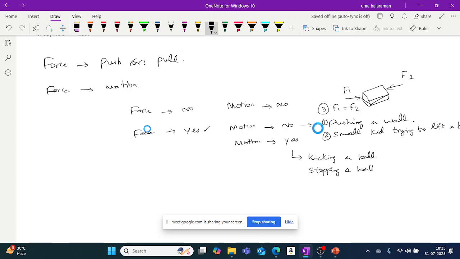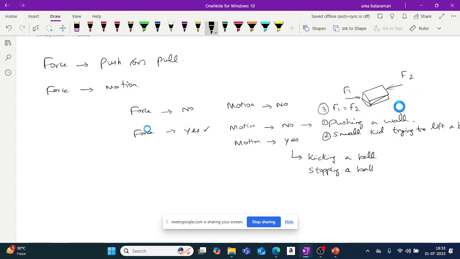We studied three examples. One, that's a heavy object. I am unable to push, no matter how much I try. And for the small kid, the heavy book she's unable to lift. And if equal and opposite forces are applied, then the net force is zero.